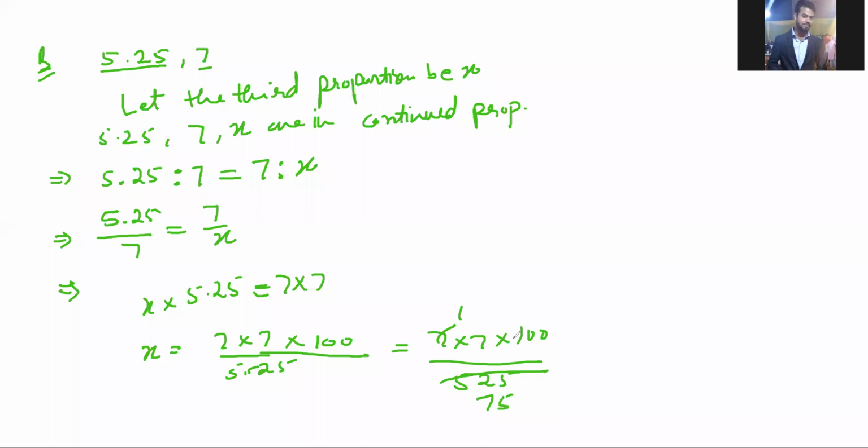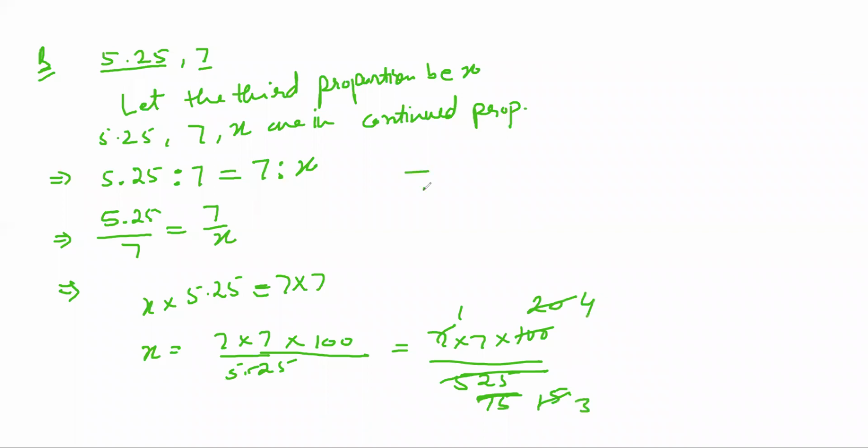Okay, now 5 twos are 10 and 5 ones are 5, and 2 carry, 5 fives are 25. Now again reduce by 5, 5 fours are 20, 5 threes are 15. Okay, so finally you will get x is equal to 7. This 7 is left, this 4 is left, and this 3 in the denominator. So 7 into 4 upon 3, so 7 into 4, 28 upon 3.